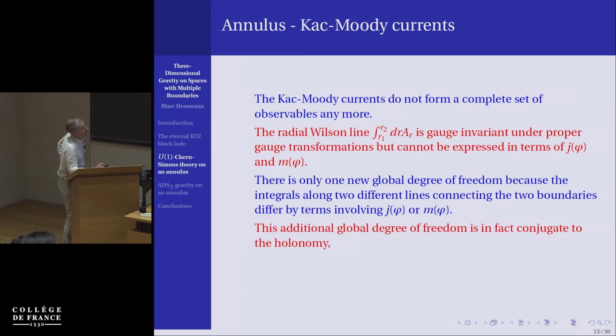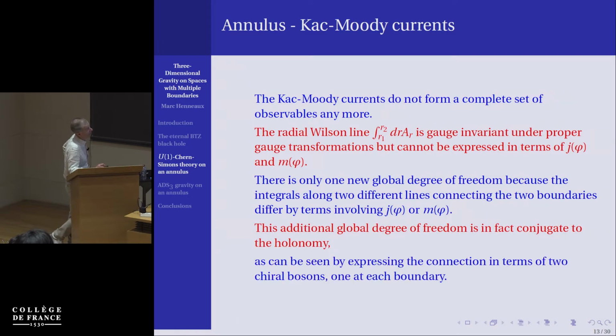And now, from the point of view of the dynamics, you can show that this additional global degree of freedom is in fact canonically conjugate to the holonomy, in the sense that they have Poisson brackets equal to 1. Well, that's easy to identify here because it's the abelian Chern-Simons theory. One way to do that is just to, again, re-express the dynamics in terms of the physical fields.